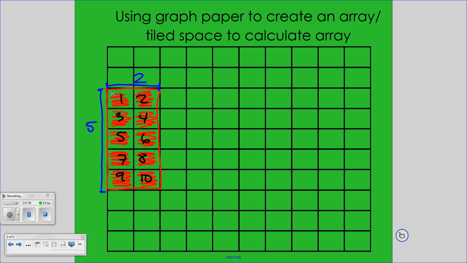And on the inside, I know I've made mine count, but on the inside, I want your equation. Now we talked about what my equation is on here, right? It would be a 2 by 5. Does that make sense?